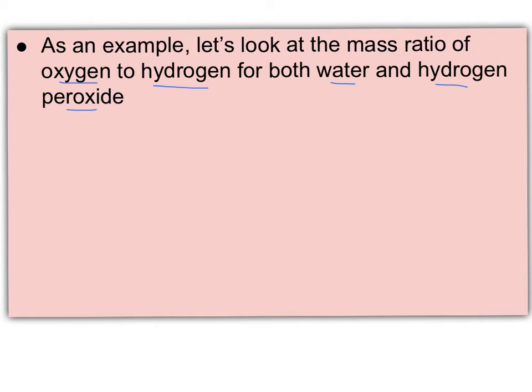So this problem is telling me to put the amount of oxygen on top, and for water that's just 16, the mass of the hydrogen on the bottom, which is 2.02, and when I divide this in, I get a ratio of 7.92 to 1. And I like to express it as a ratio using the colon here so that I remember I'm comparing oxygen to hydrogen. That's the mass ratio for water.